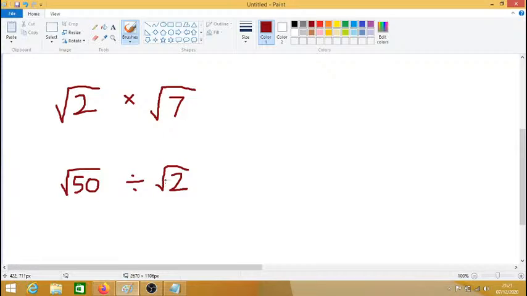And if you're ready, then type into the chat box what you think the answer is. The first one will hopefully be easy. And the second one is easy as well, but there's just a little extra step you can do.